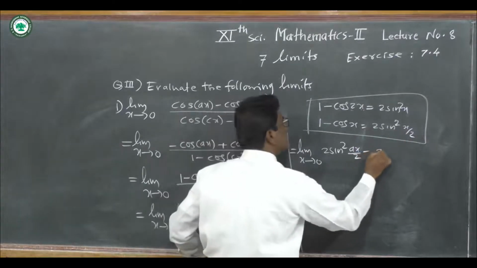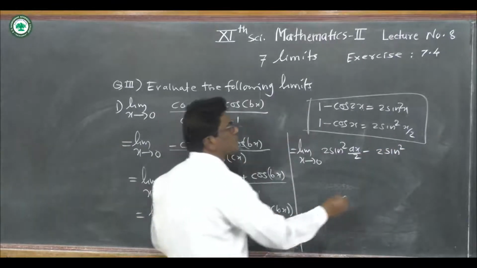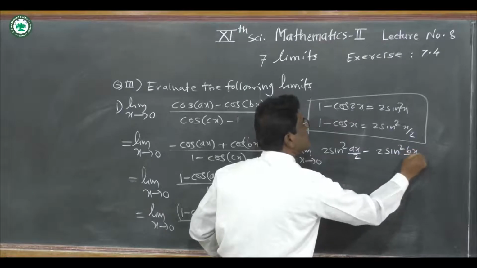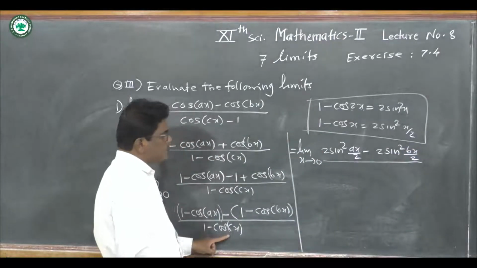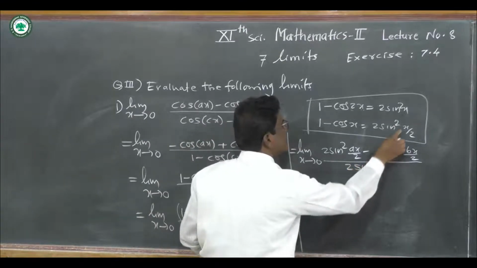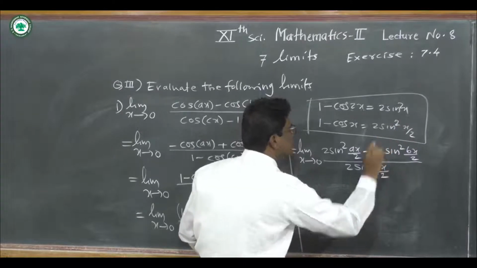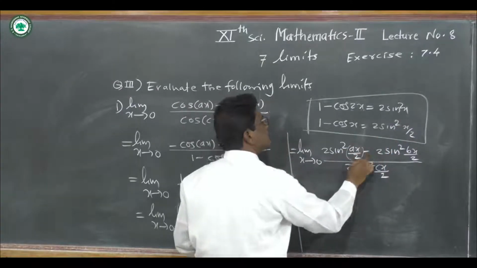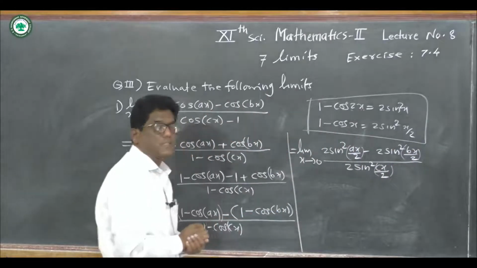Minus here also 2 times sin square. Replace x by bx, so bx divided by 2. And in the denominator 1 minus cos of cx, here also 2 times sin square, replace x by cx, so cx upon 2. These are the formulas of 1 minus cos x.